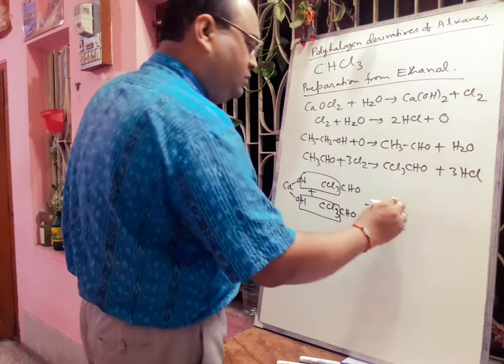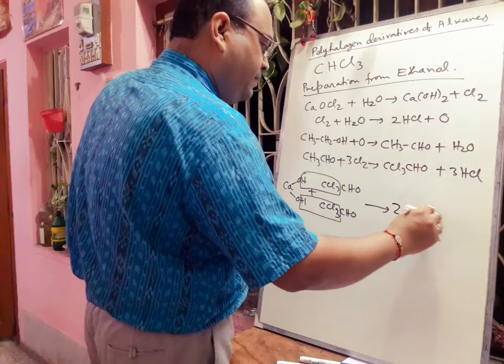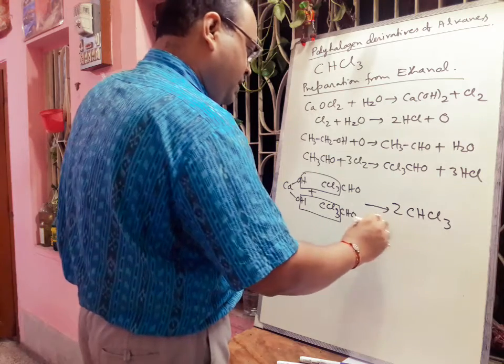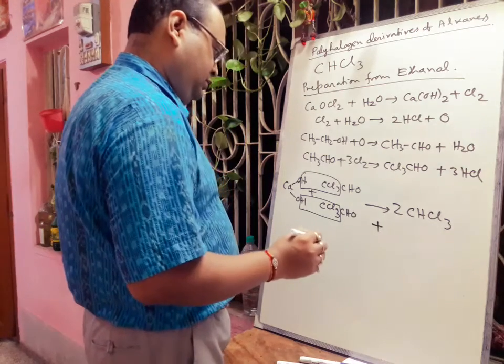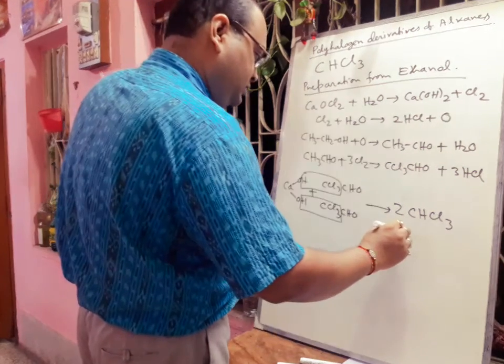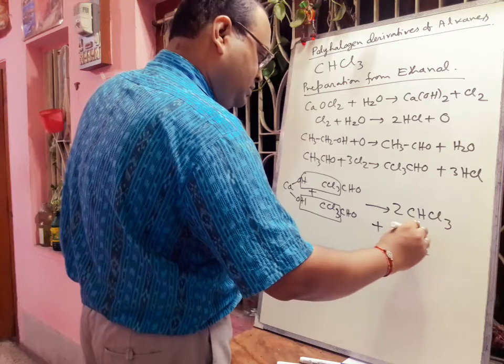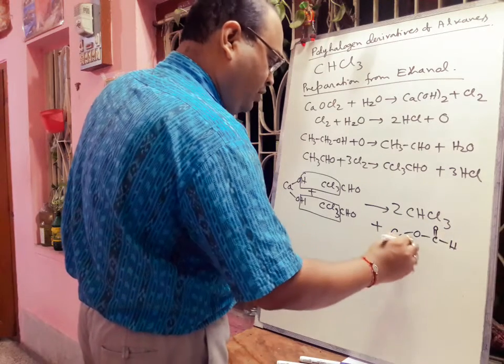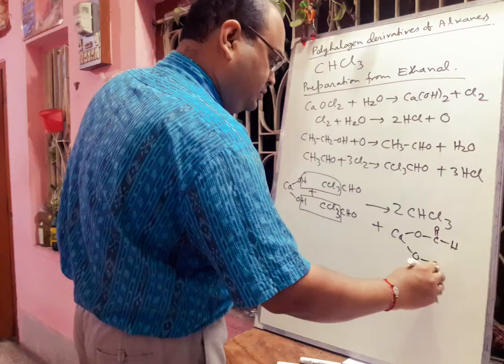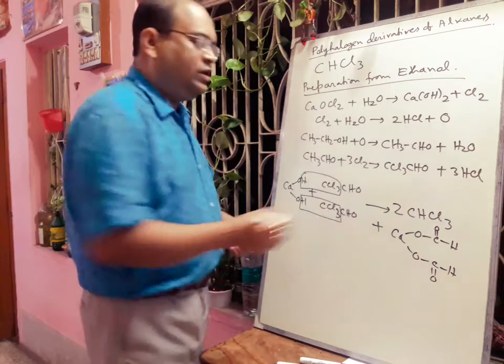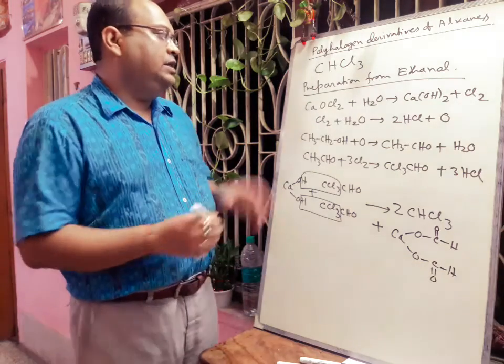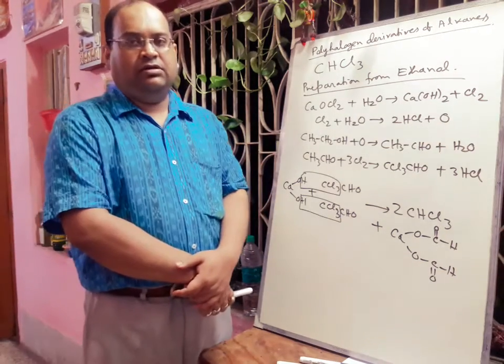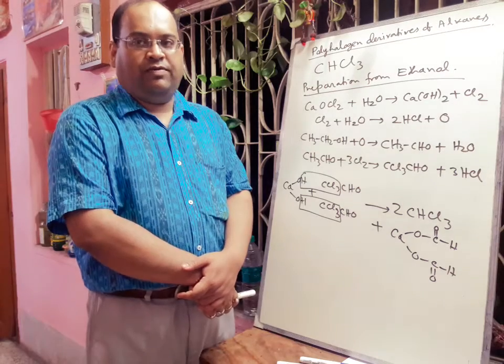So it will form two chloroform plus calcium formate. So in this way, by using bleaching powder on ethyl alcohol, we can produce chloroform.